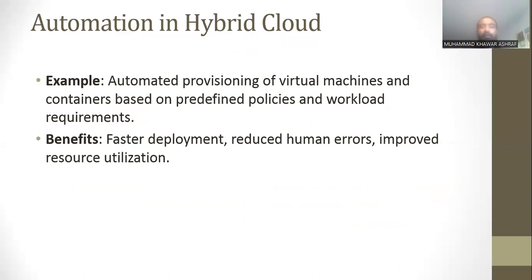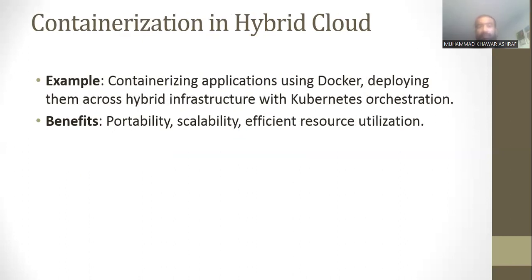Now, what is automation in this case? Basically, automated provisioning of virtual machines and containers based on predefined policies and workload environments. The benefits are faster deployment, reduced human errors, and improved resource utilization.